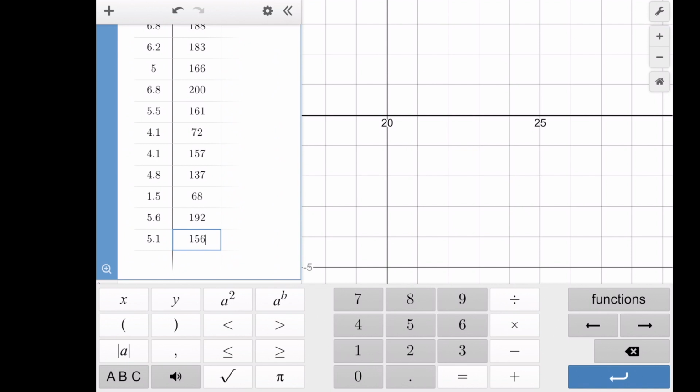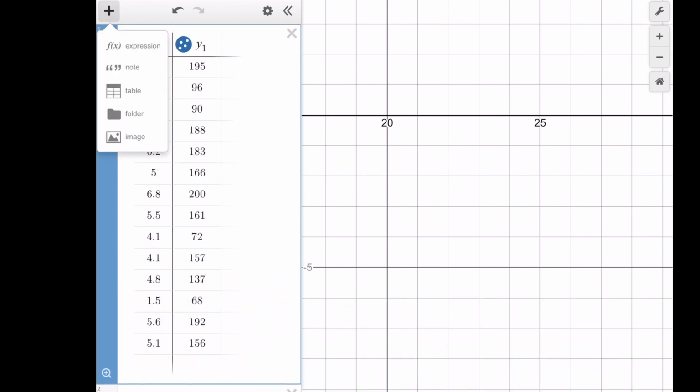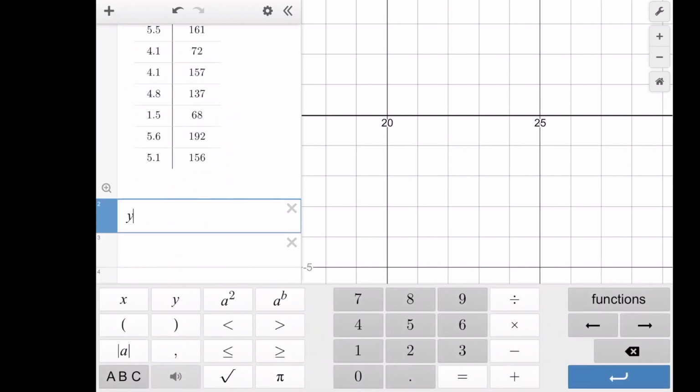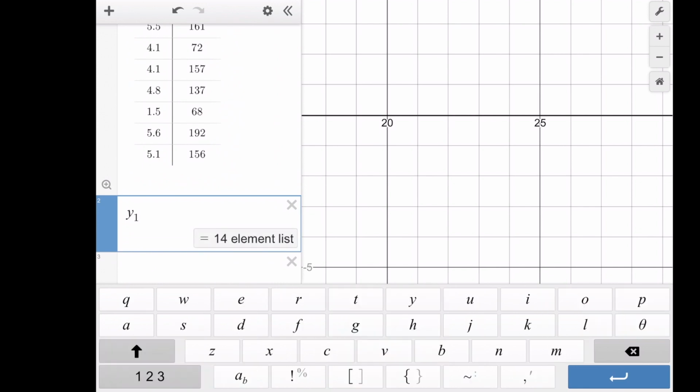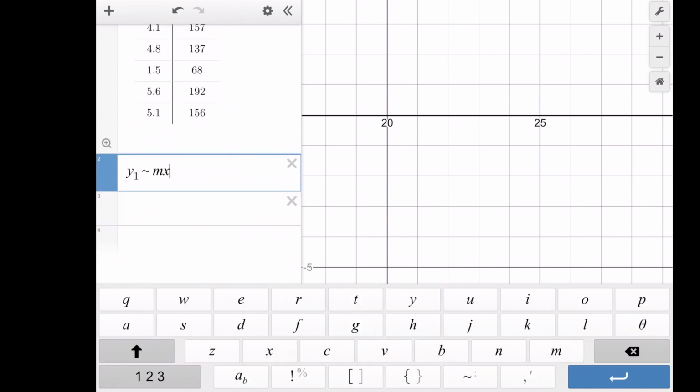Okay, now we're going to ask the calculator to give us the equation for the line of best fit. So let's finish entering that in.